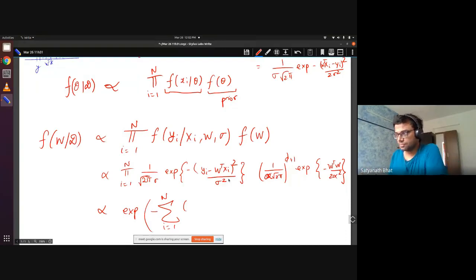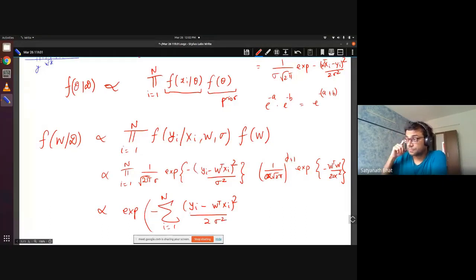Any case. Then what we are doing is we are collecting all the terms with e power together. So this will give us yi minus w transpose xi squared. All these terms coming over here will add up in the exponent, right? E power minus a into e power minus b is equal to e power minus a plus b, right? So all of these terms will collect, divided by 2 sigma squared, okay?